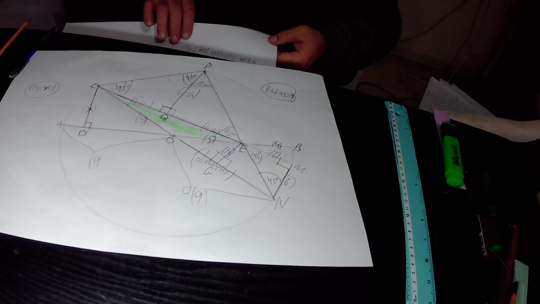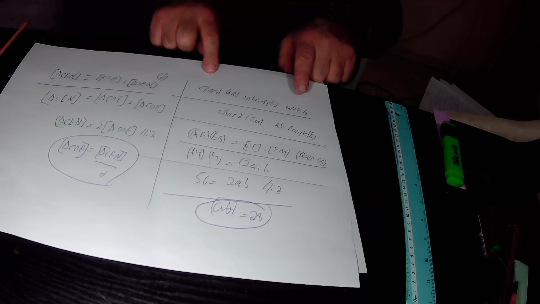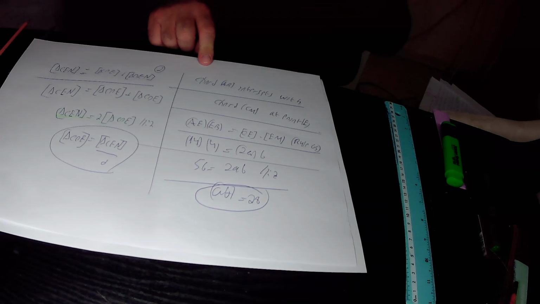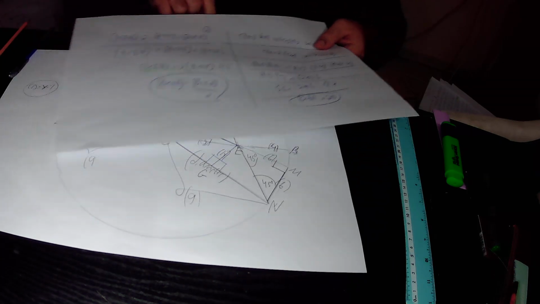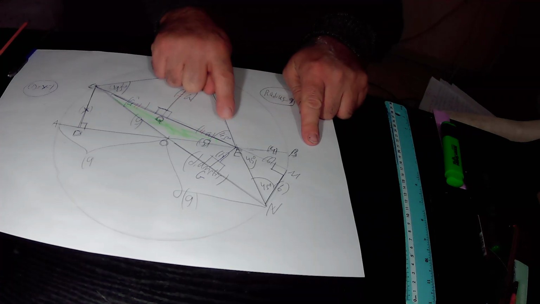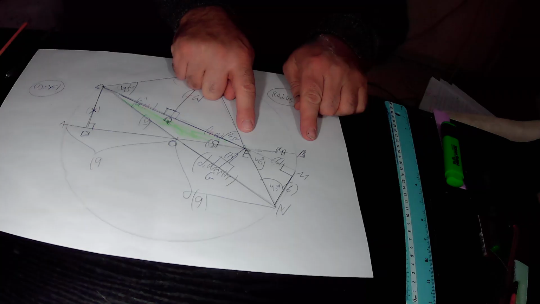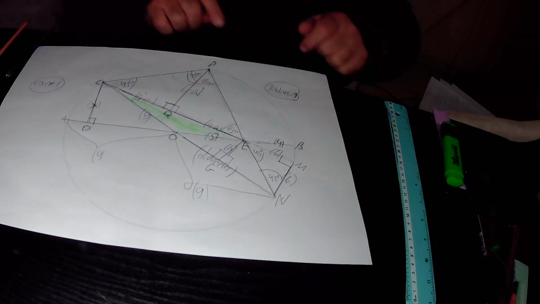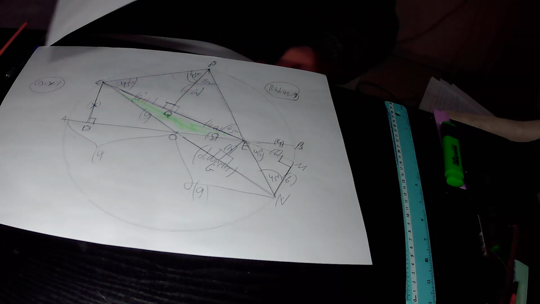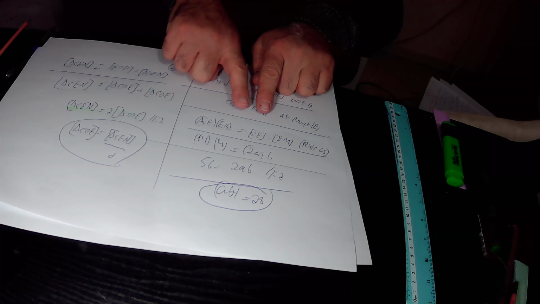According to rule 65, AE times EB equals CE times EM.